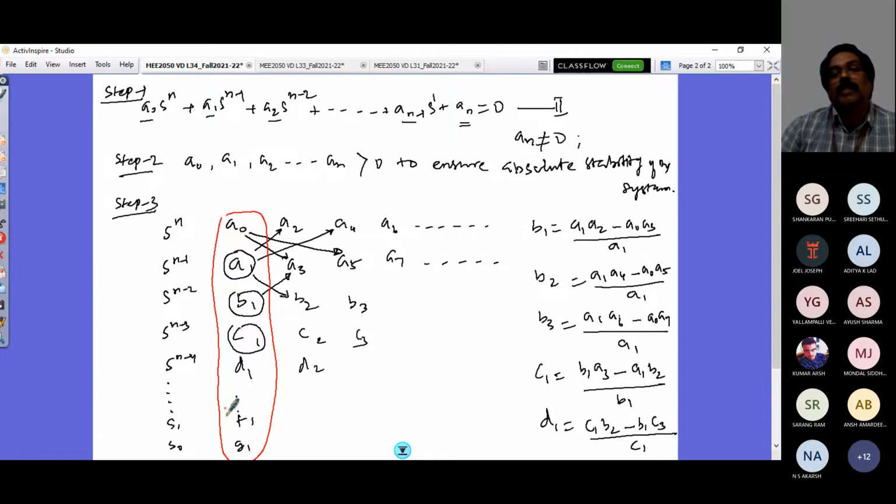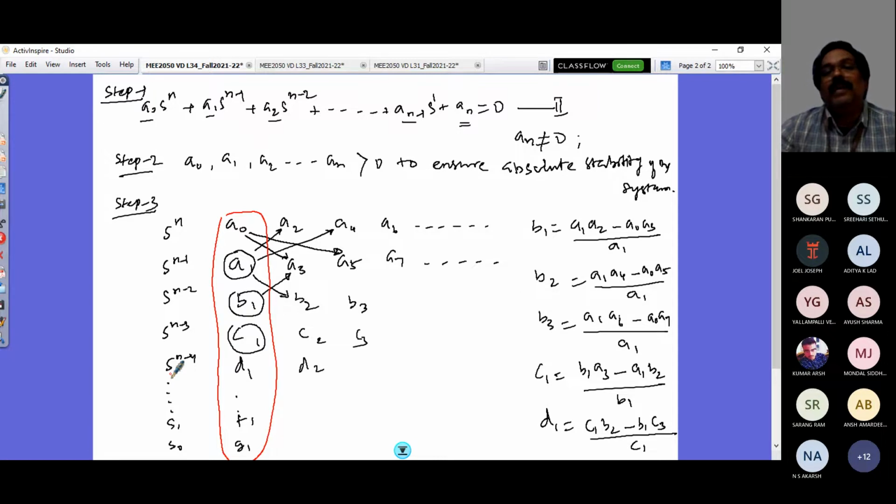So this is all again positive, like B1, C1, D1, all depending upon these coefficients, right? So if these all are of the same sign, then there is absolute stability and you can conclude it is a stable system. If you have positive, positive, suddenly negative, then positive, then negative, then there is a sign change. So how many sign changes are there? That many roots are on the right half plane.